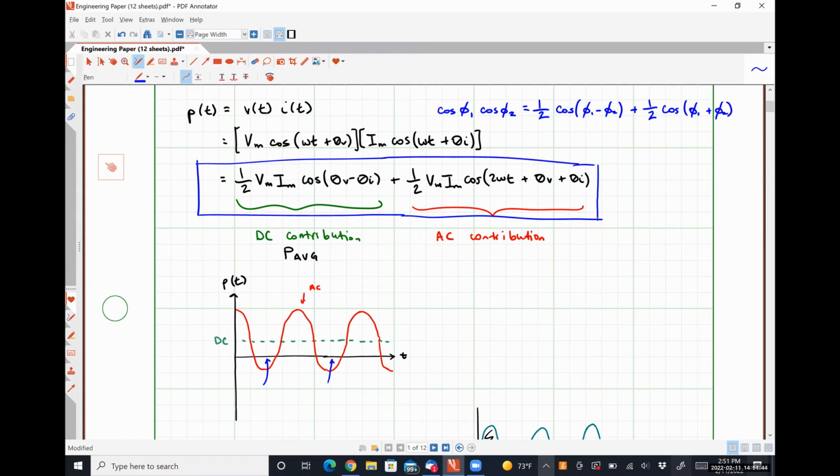So the expectation here is not to do a bunch of trig and calculus. It is to use complex numbers and then plug those results into this equation. Is that clear? Okay. So Vm is the magnitude part, Im is the magnitude, theta v and theta I are obviously the phase angle.